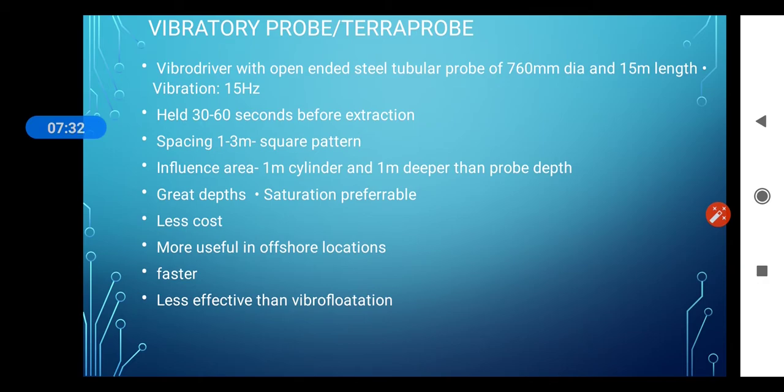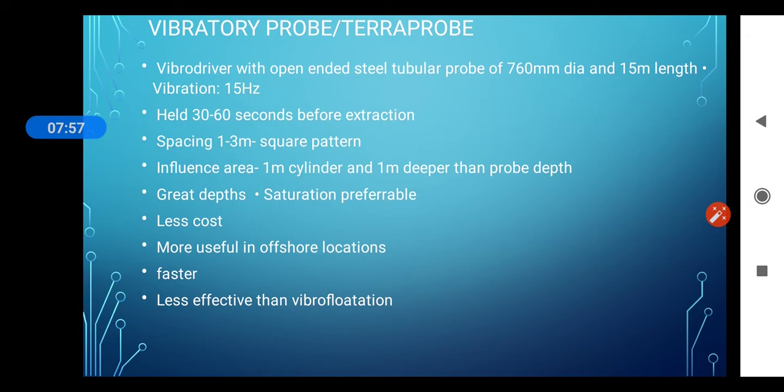The vibratory probe consists of a vibro driver which activates the probe to vibrate in a vertical direction and imparts a vertical impulse, normally at 15 hertz with 10 to 25 mm amplitude. This vibration enables the vertical pipe to penetrate the loose material.